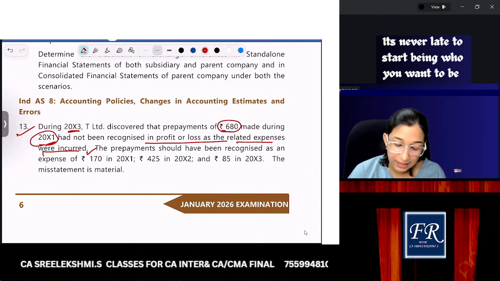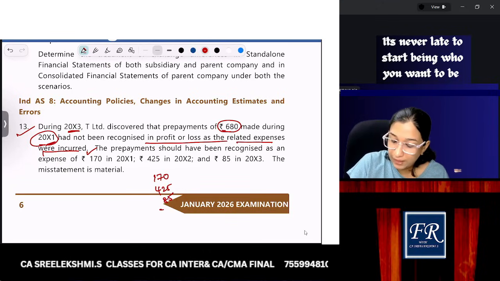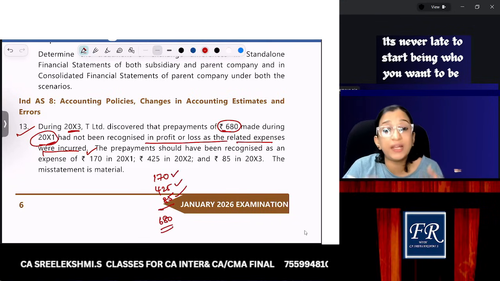Prepayment should have been recognized as expense 170 in 11, 425 in 12 and 85 in 13. So total prepayments were 680, and the 680 should have been recognized as expense in each year but has not been, which means expenses were recognized less in each year.